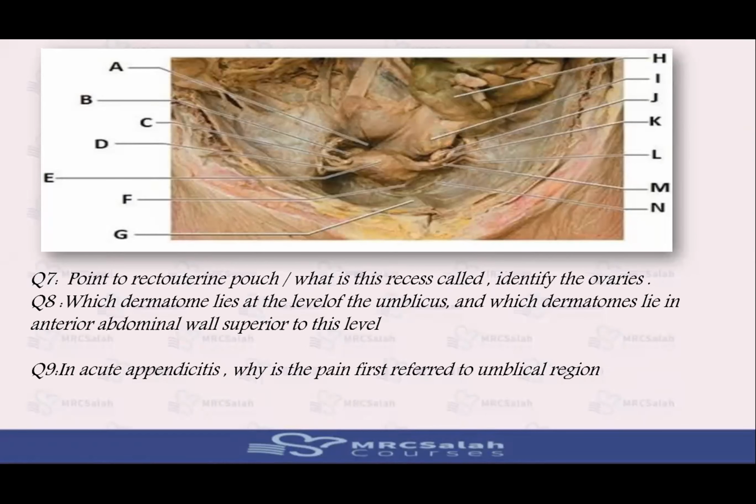Okay, next question. Which branch of the superior mesenteric artery usually gives off the appendicular and cecal arteries? The ileocolic artery.